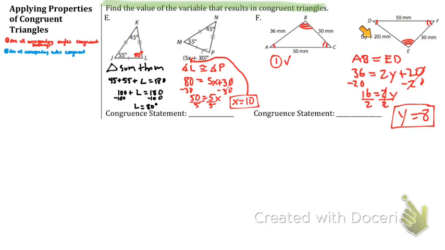I'm going to plug in y mentally. It should equal 36. So 2 times y is 16, plus 20 more. 16 plus 20, I'll write it out for you. That is going to give you 36. So we're good.